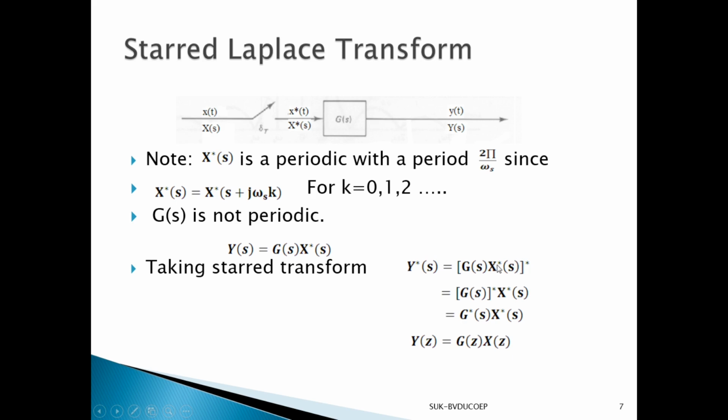So this star will remain as it is, and this star is taken on the multiplication. So G star into X star, and this is Y(z) is G(z) into X(z). This is what we consider the same as the star Laplace transform.